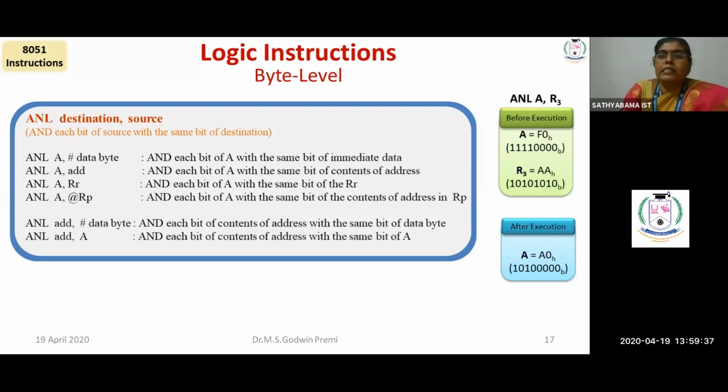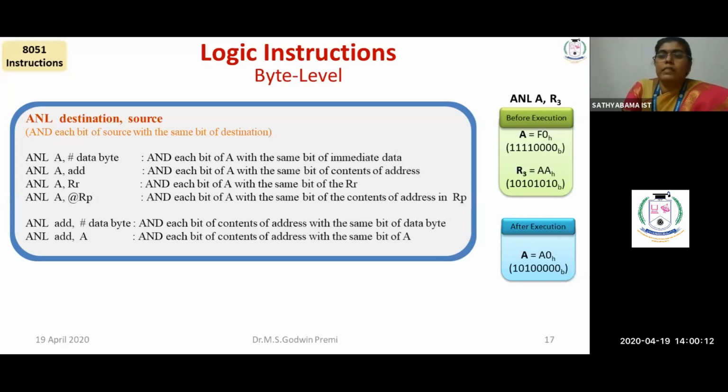For example, here I have shown ANL A comma R3. Before execution, consider that A has F0 and R3 has AA. To understand it, it is indicated with the binary value, but it will be stored as hexadecimal only. So 11110000 is present in the accumulator.